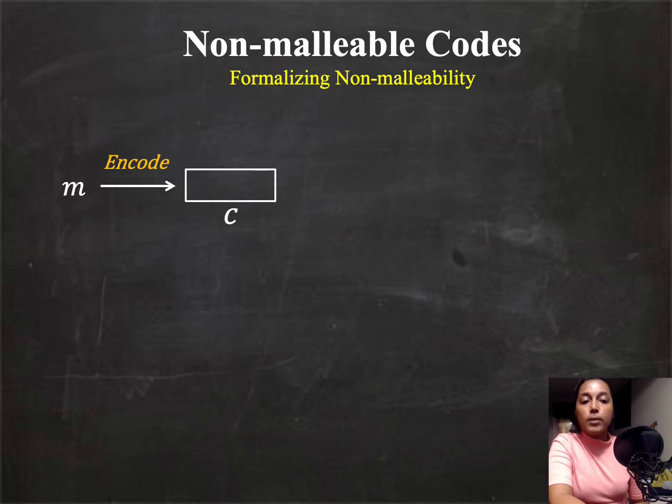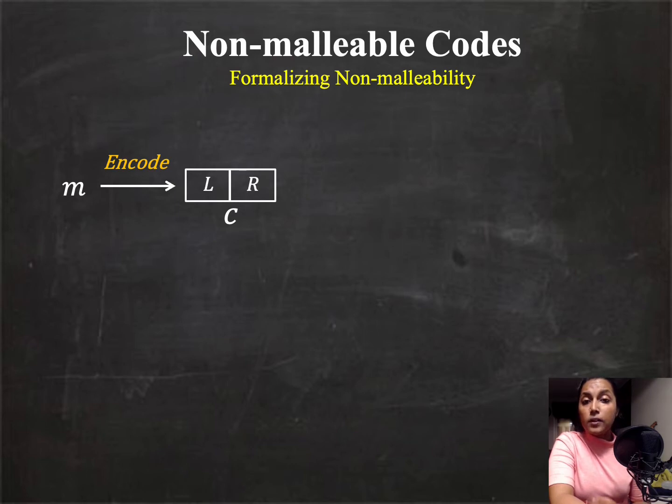So how do we formalize this non-malleability? We have this codeword C. Particularly, I'll tell you how to define this non-malleability for the specific kind of tampering model that I'll be focusing on in this talk today. And the model is called the split state model.